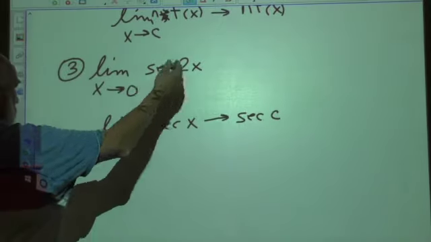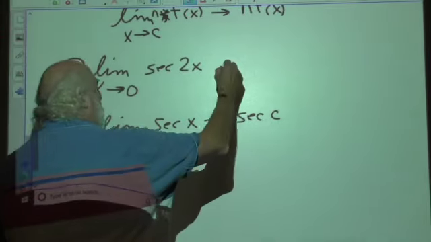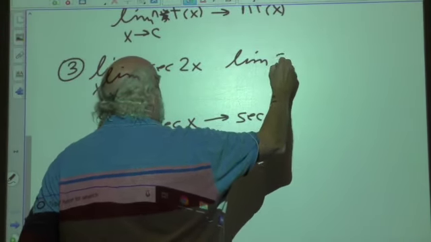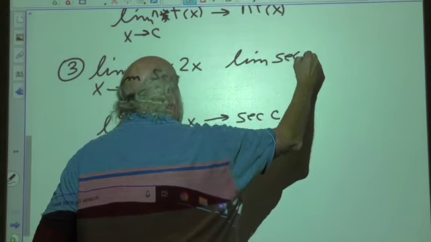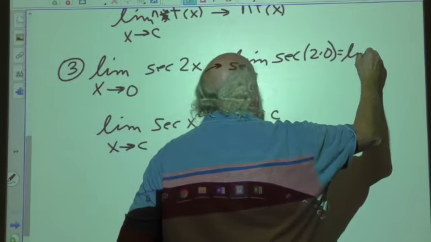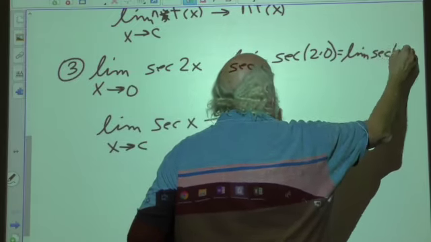So we plug the 0 in for the x here, and we get the limit of the secant of 2 times 0, which is equivalent to the secant of 0.